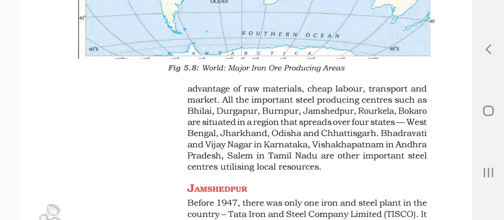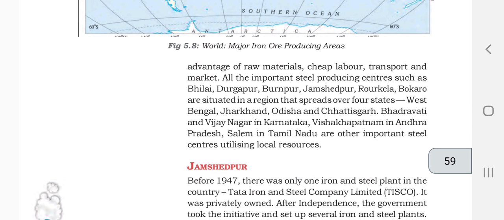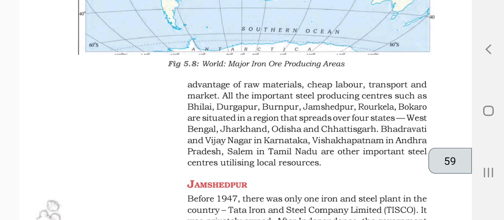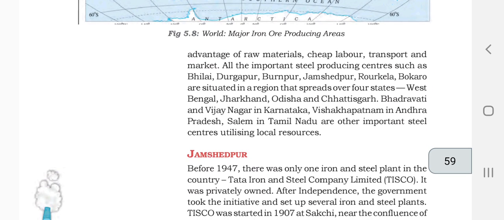We see a lot of areas where steel is utilized as a local resource for their own benefit, making a lot of machinery and equipment, and a lot of building construction is done in these areas. This is their source, and they send it to different towns and states.